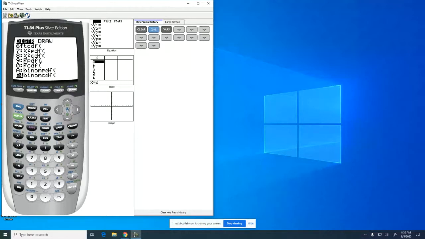We need the cumulative probability for the p-value. So always we need the F CDF, and it asks us for the lower and the upper and the 2 degrees of freedom, right? If the order is right.